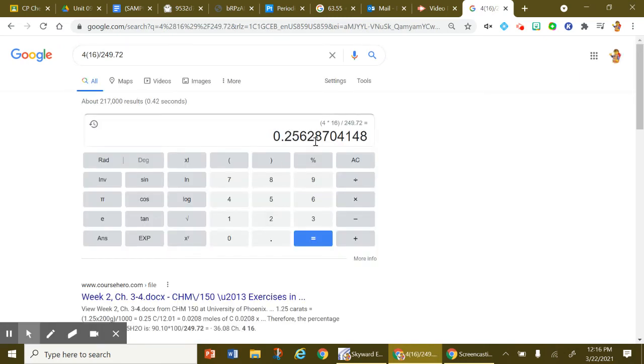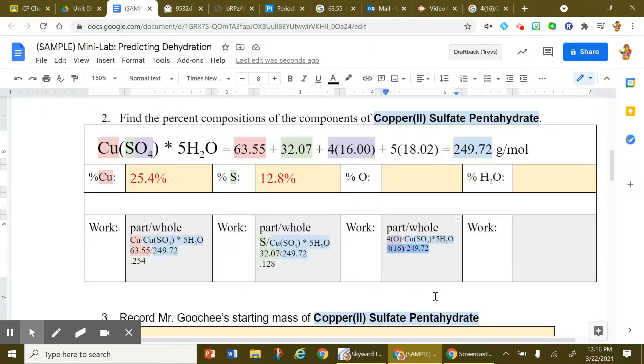This stuff is 0.256, which as a percent is 25.6%. That this is 25.4, this 25.6 is purely coincidental, okay? Just a coincidence that they're so similar.